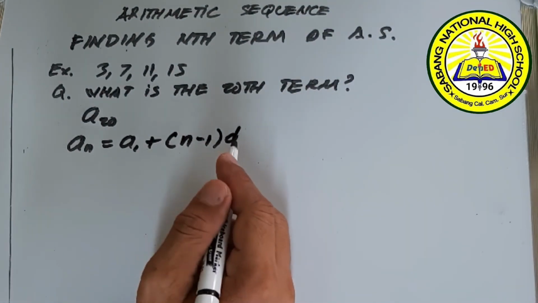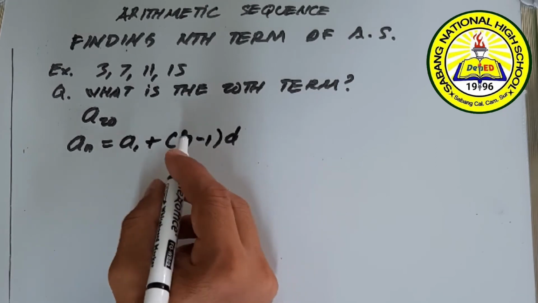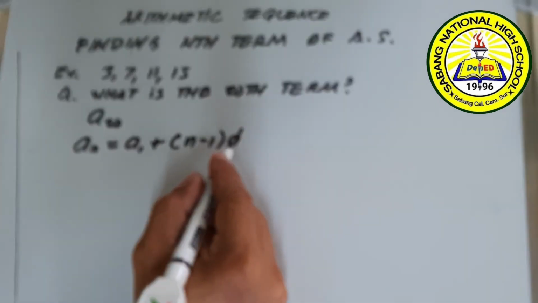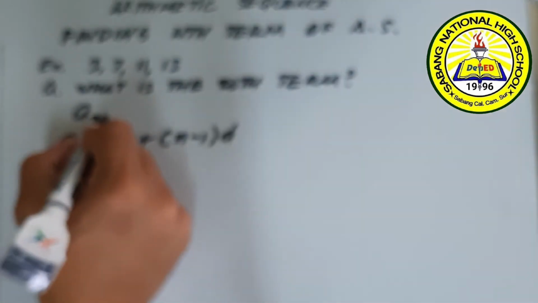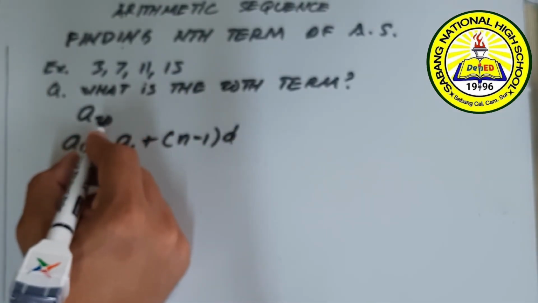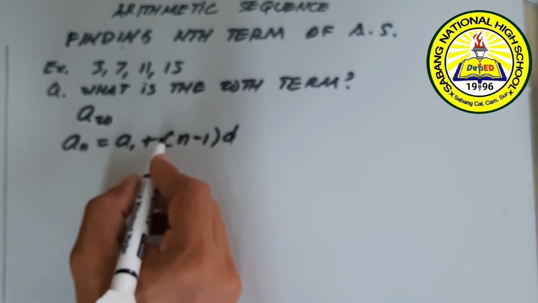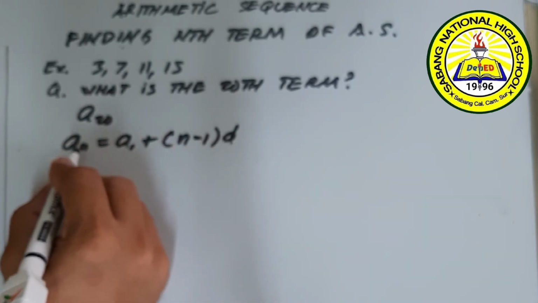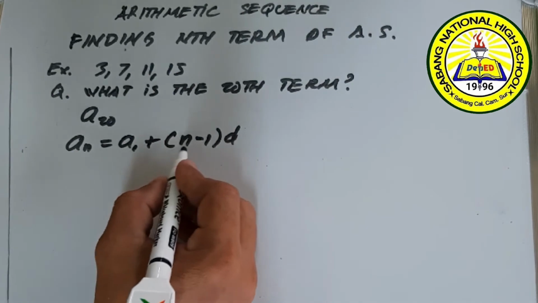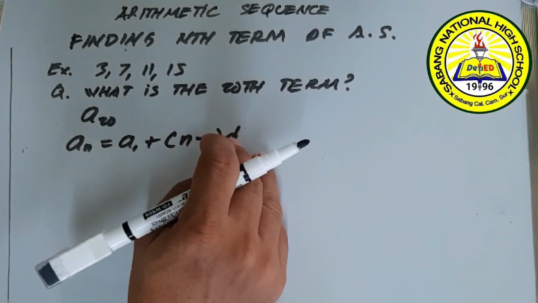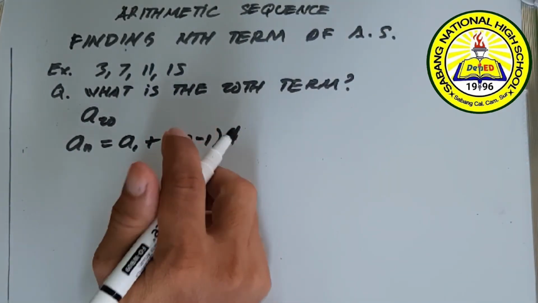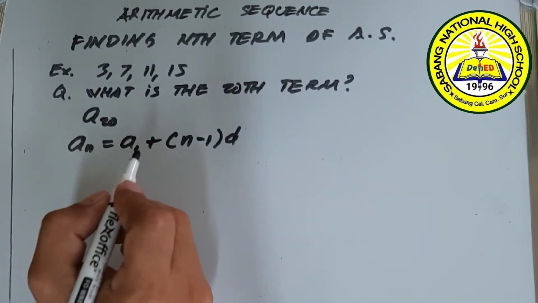So what we need is a sub 1 and the common difference. We now have the value of n, which is given in the question, the 20th term, 20. We don't know yet the common difference, and we need it, and the first term, a sub 1.